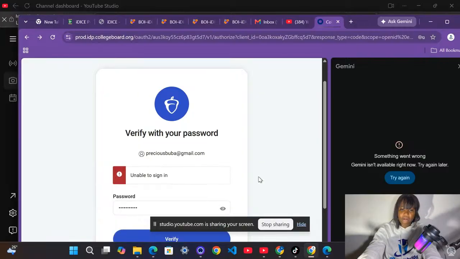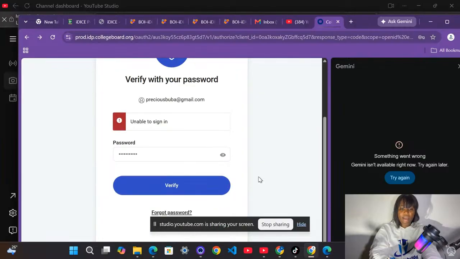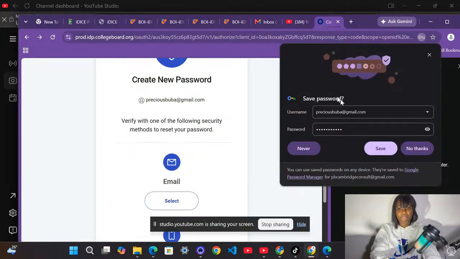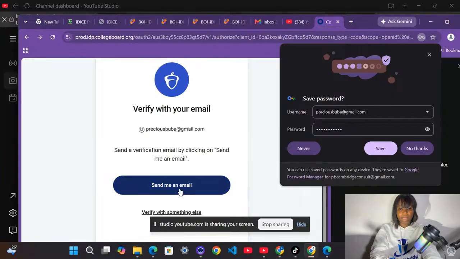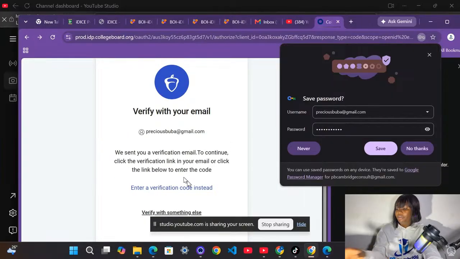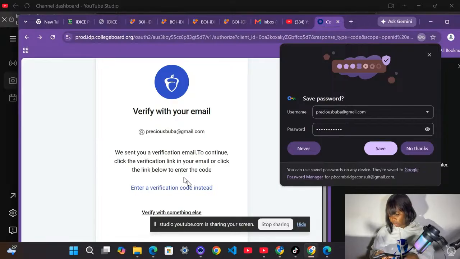This is a wrong password. So I'm trying to recover my account.